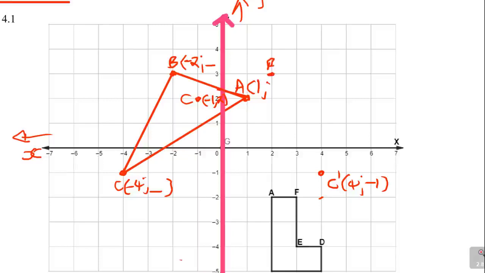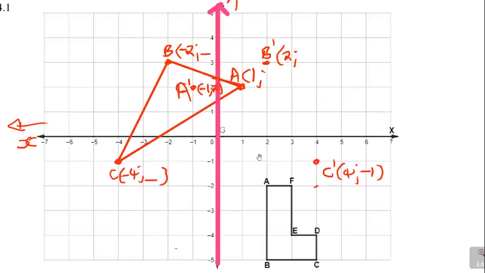B becomes the new B. This was the new C. Actually, this one is the new A. B becomes what? B becomes 2, and then we maintain the 3. Alright, so now when we connect these points, what do we have? We have this line, that line, and this line. You see this? Now we have reflected this image along the y-axis.